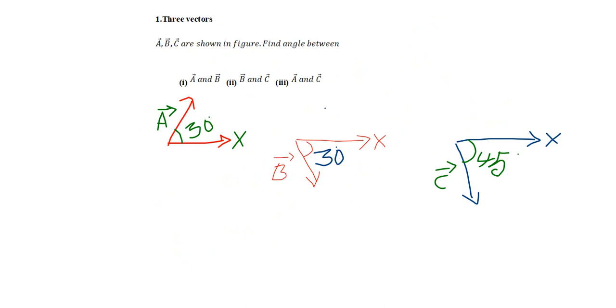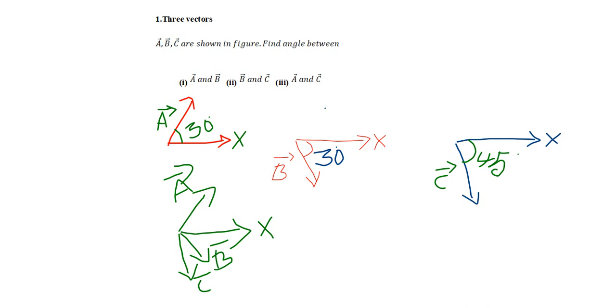So the diagram is: this is X, this is A, this is B, this is C. So let us draw this.